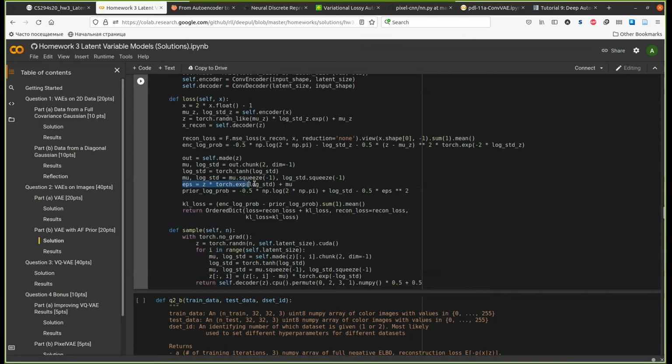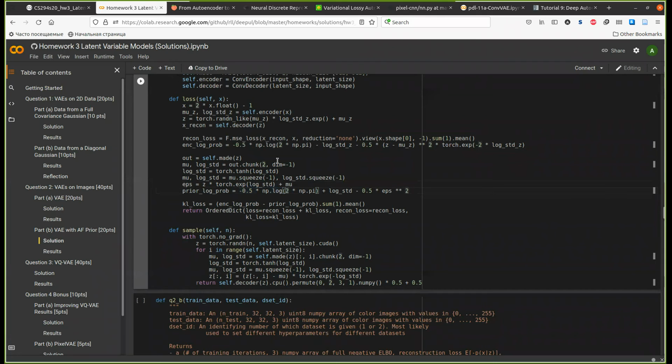We will transform our variable z with this mean and standard deviation, and we compute the log likelihood of this transformed z under normal distribution.